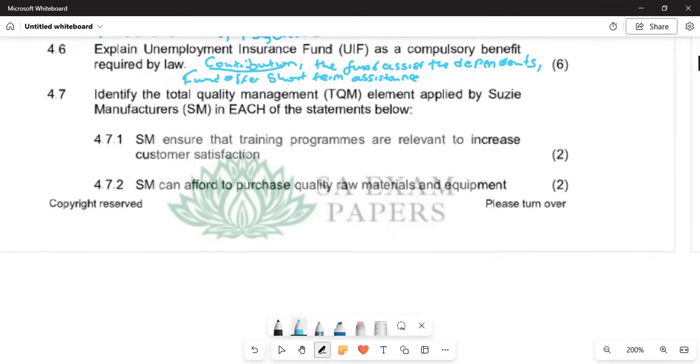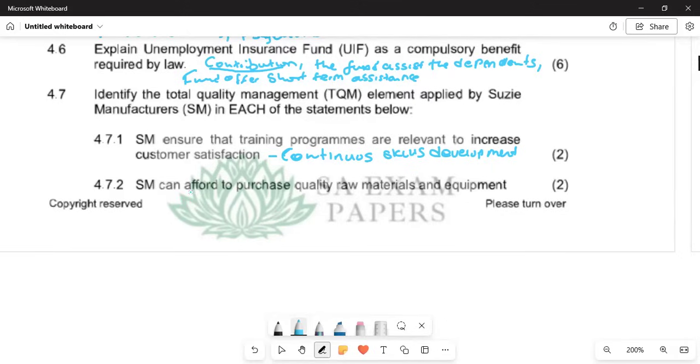Ensuring training programs are relevant talks about continuous skill development. Continuous skill development.